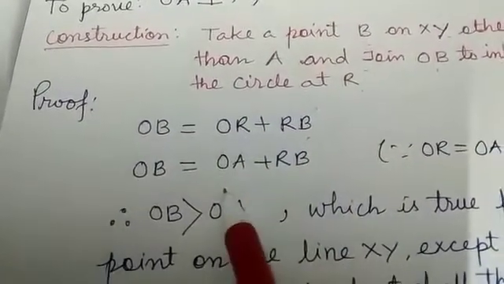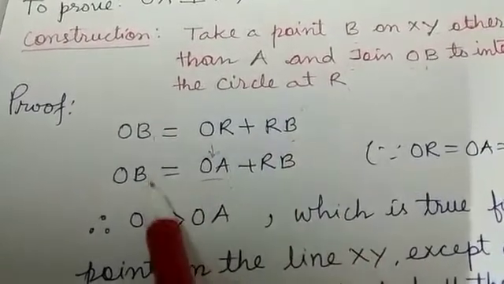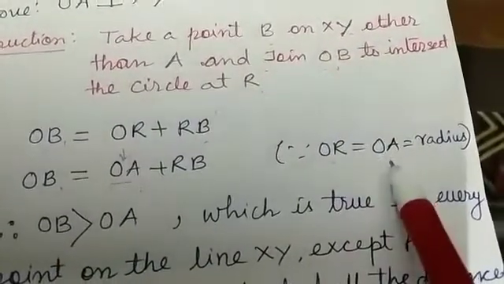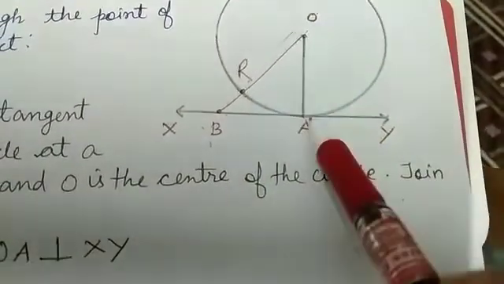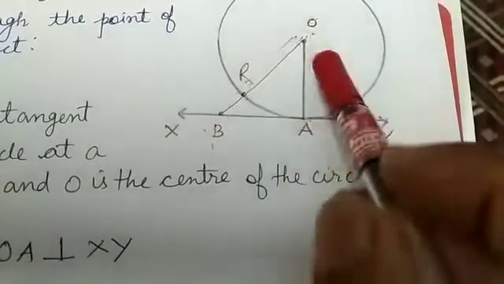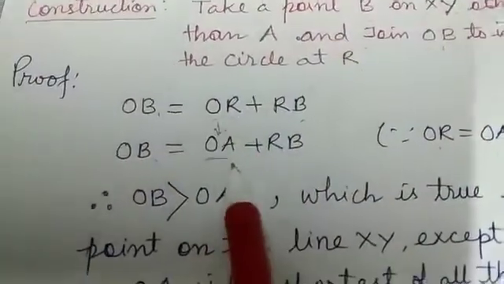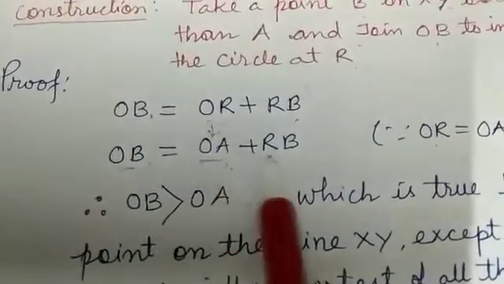And OR I replace by OA, because OR and OA are both radii of the circle. So this equals OA plus RB.